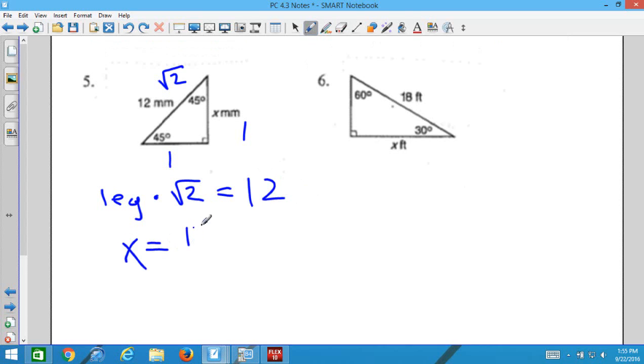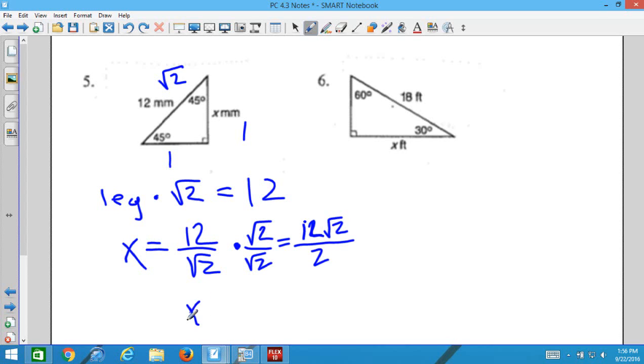X is 12 divided by square root 2. Only, nope, it's not. What do we do to it? Multiply by square root of 2 over square root of 2, a value of 1. Go straight across, we get 12 square root 2 over 2. Still not the answer. Right, 6 square root 2.